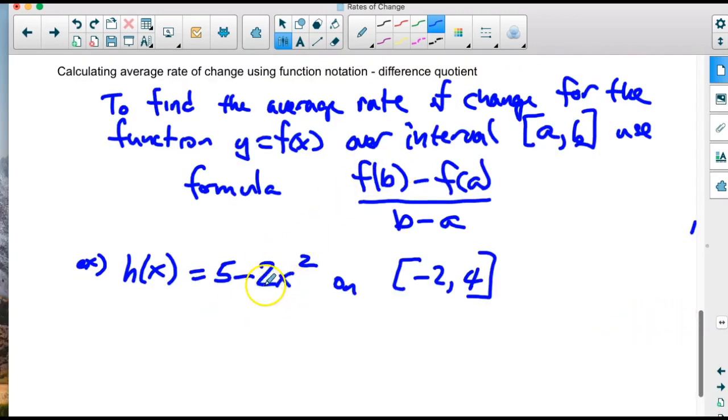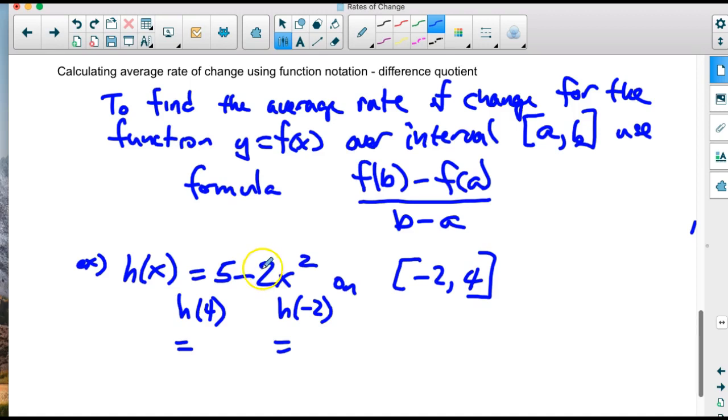What I would do is plug in h of 4 and h of -2 and find their values. So if I put 4 in here, 4 squared is 16. Then we're going to multiply by 2, which would be 32.